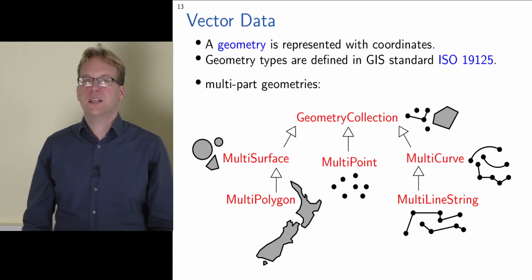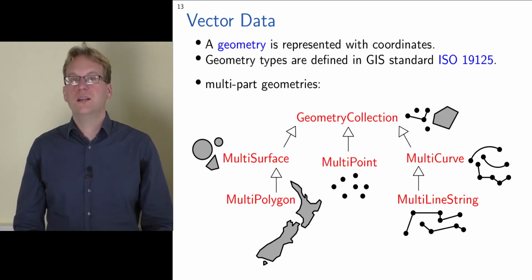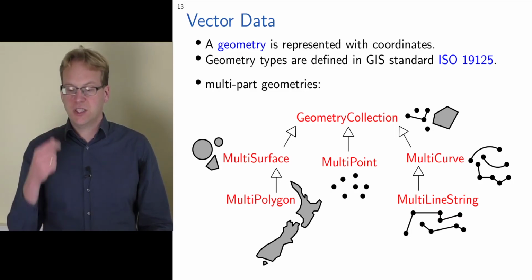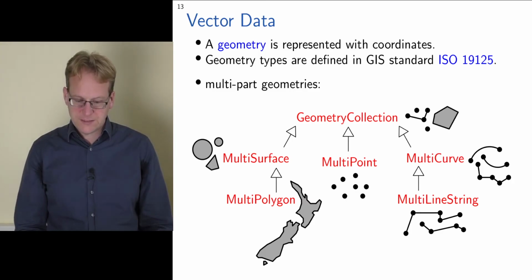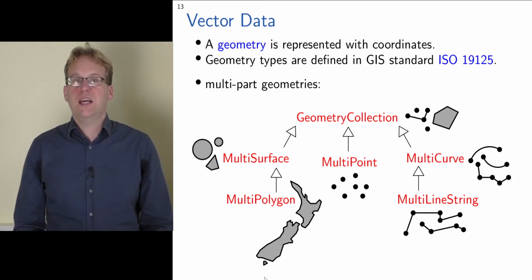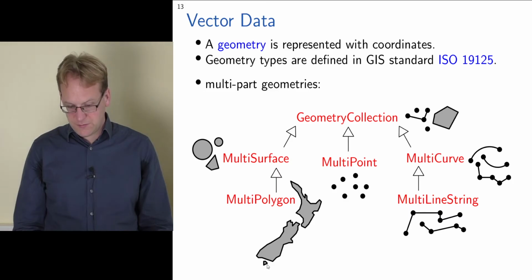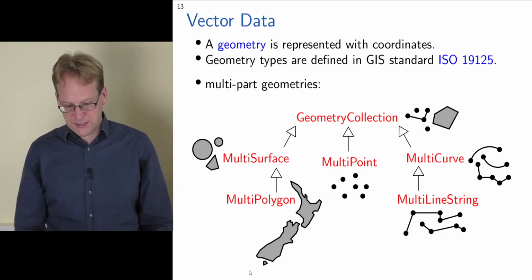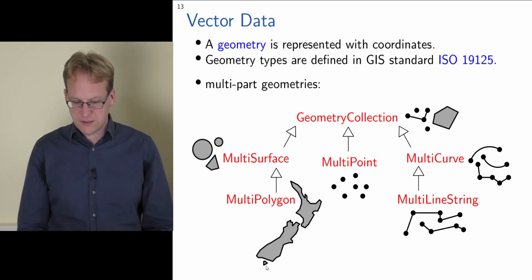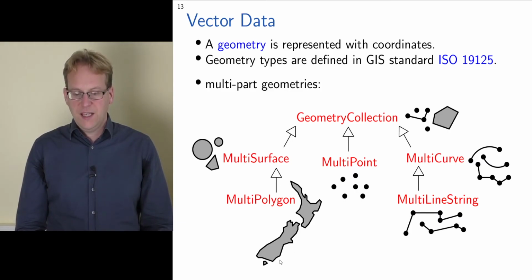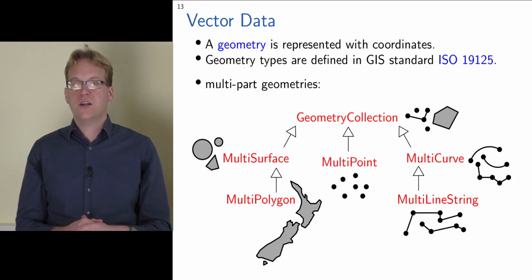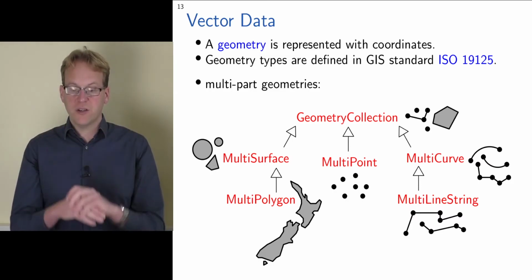I should say that this standard also defines more geometries, namely so-called multi-part geometries. If you think, for example, of New Zealand, well, it consists of these 3 islands. Well, there are, of course, many more very small islands, but let's say New Zealand mainly consists of these 3 islands. And to say that this altogether is one object, we need this concept of a multi-polygon.